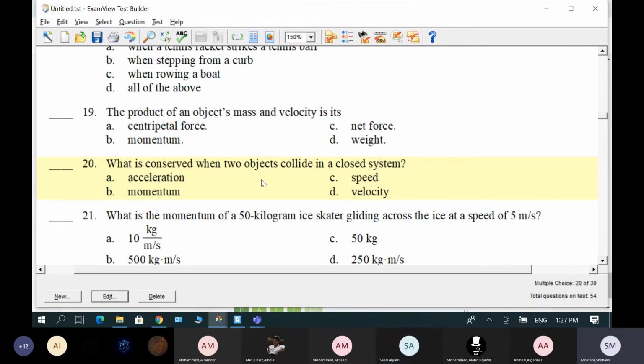What's conserved? Acceleration is conserved, momentum, speed, velocity. When you have a closed system, closed means no forces acting from outside and no mass added or removed from the system.